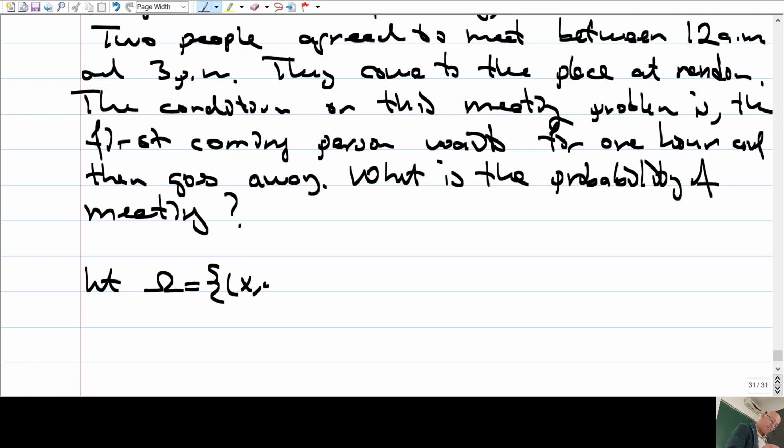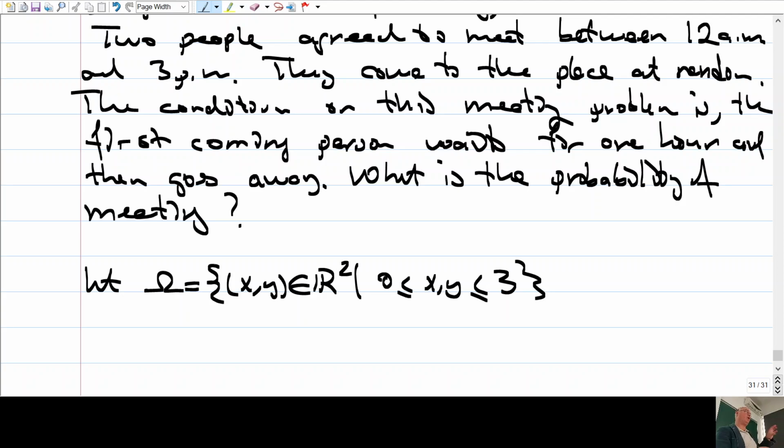So this is a pair of real numbers, both non-negative, and they show the possible times when these persons will come to the place. The first person will come at x o'clock, and the other one will come to the place at y o'clock.